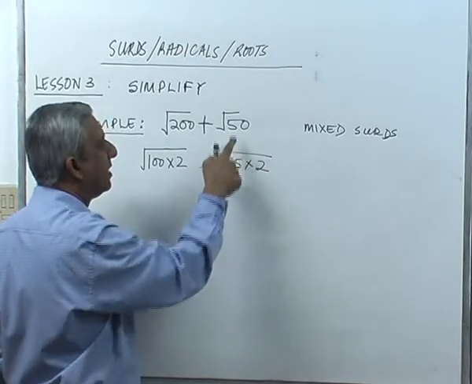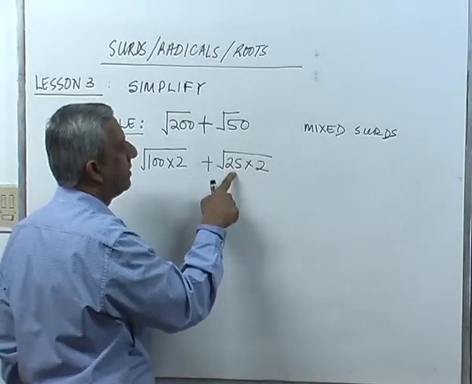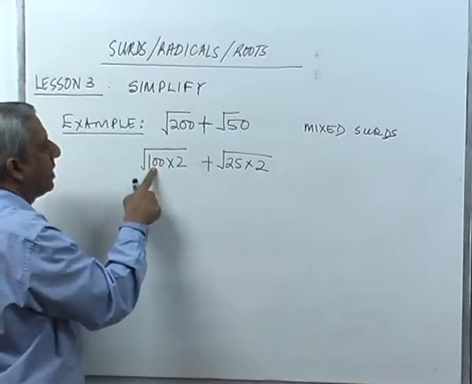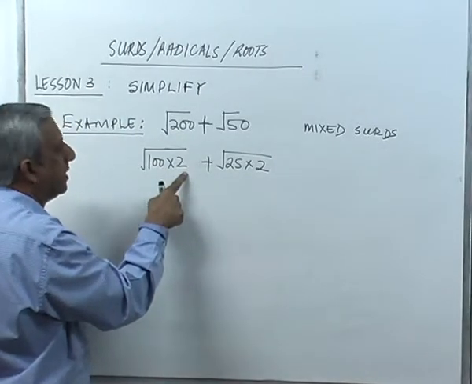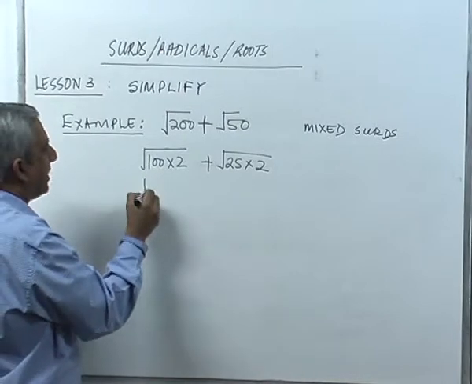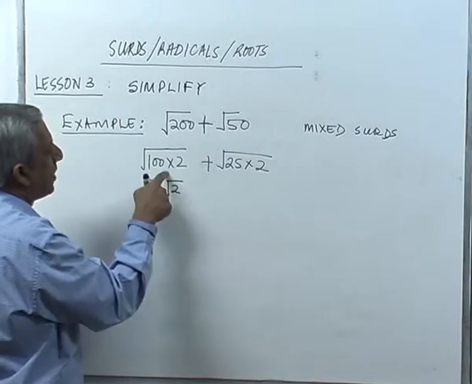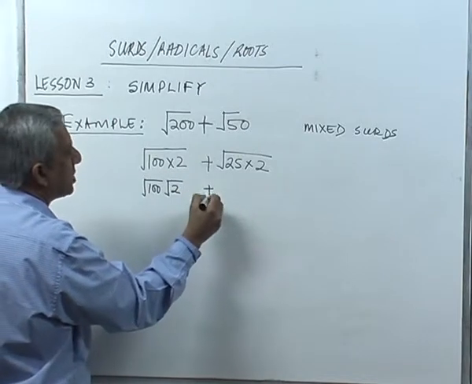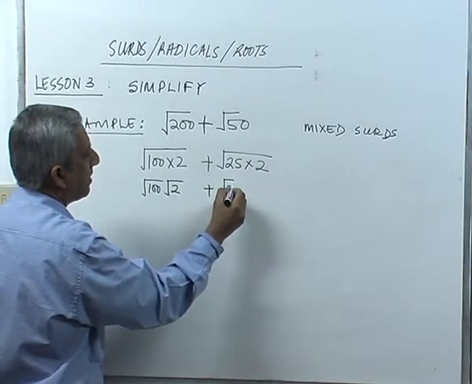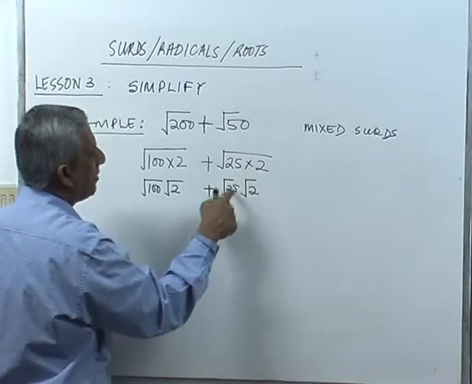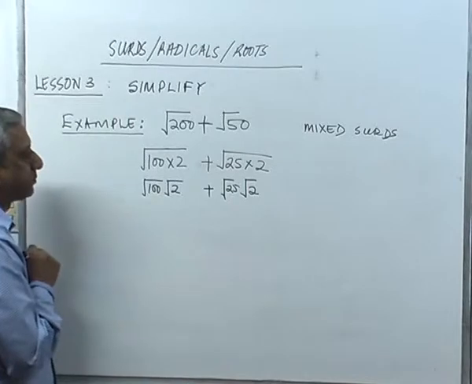Remember, I'm breaking that into one perfect square and another factor. Right. Now, I can separate them and write them without a multiplication sign.